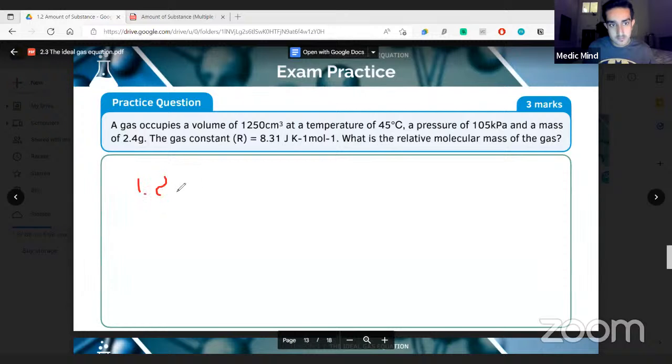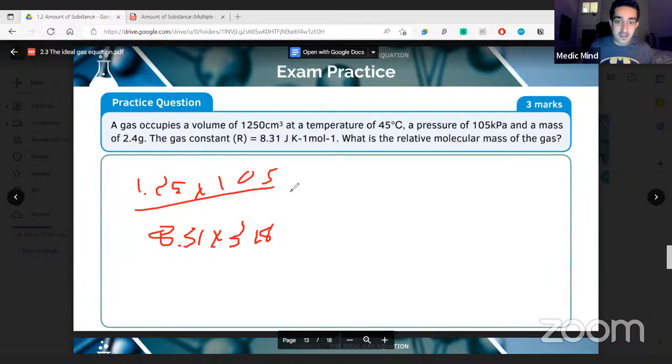1.25 times, no, not times 8.31, times 105 divided by 8.31 times 380. So that's the answer for the number of moles. Let me double check. The problem is I don't have a scientific calculator on me.